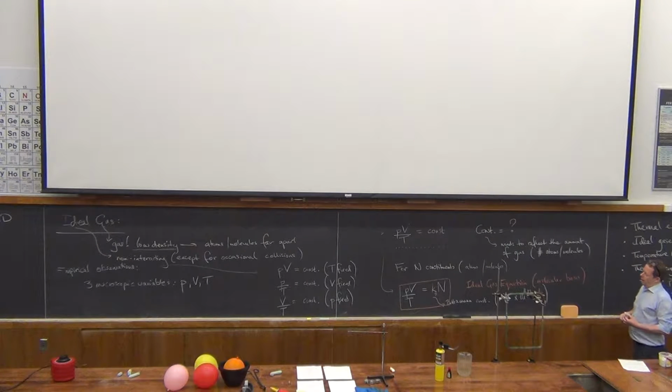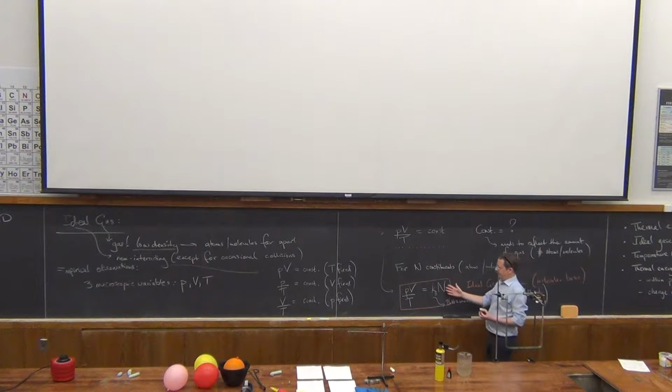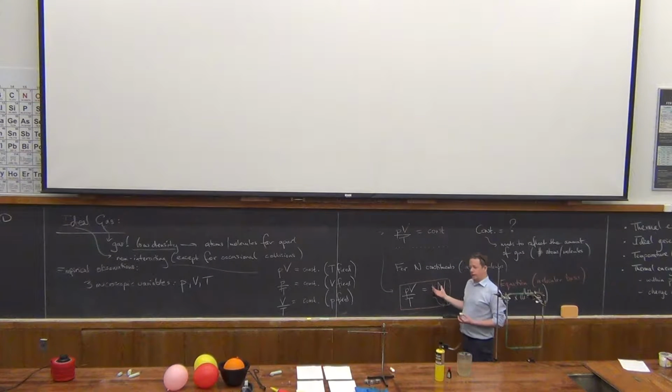Fine. We can easily do calculations in these units, but it turns out very often, for the reasons that I described, often our volumes of gas have very large numbers of constituents. It's nice sometimes to work with different unit systems. And instead of the number of constituents, I'm going to introduce the idea of moles of material. I imagine most of you have come across this, primarily in chemistry perhaps.